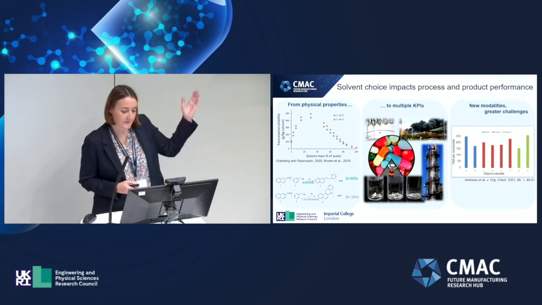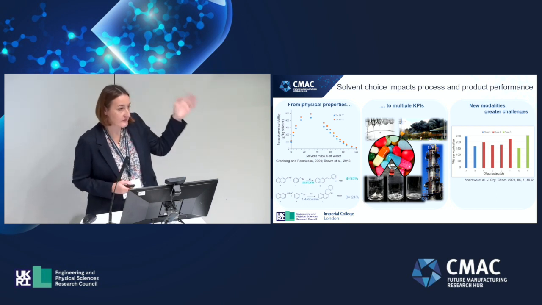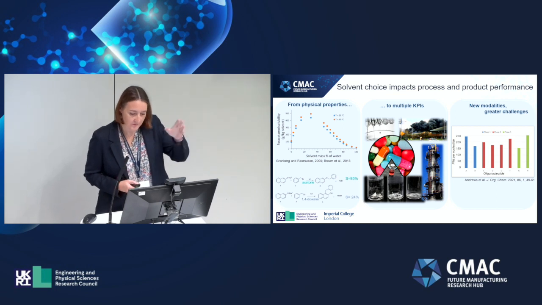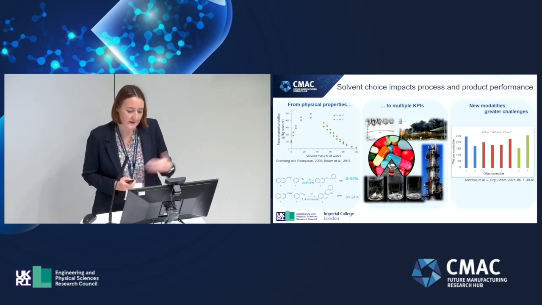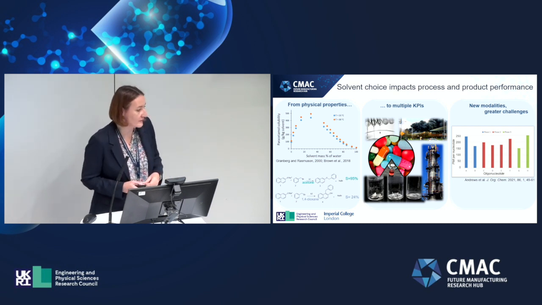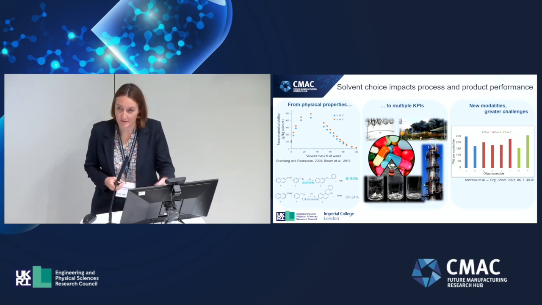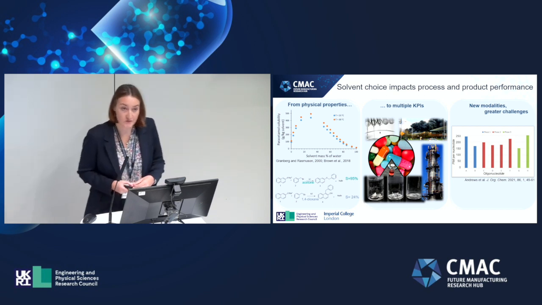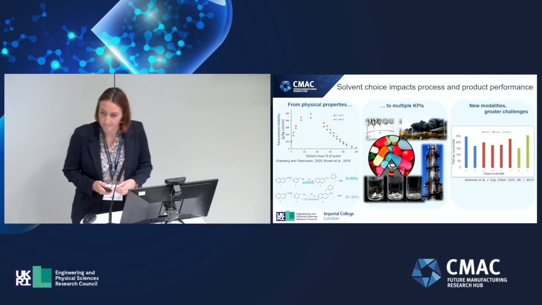So for example, this is some data on oligonucleotides. Depending on the oligo, you're looking at process mass intensity values of around 150 to 200 per nucleotide. So really, really high values, which are in large part driven by the choice of solvent that is being made.